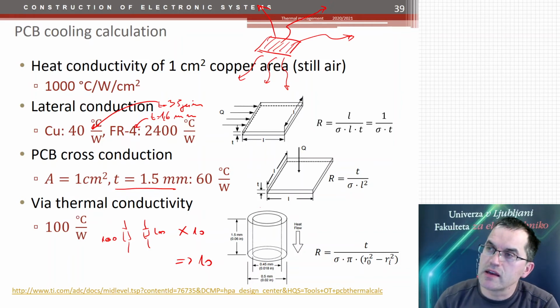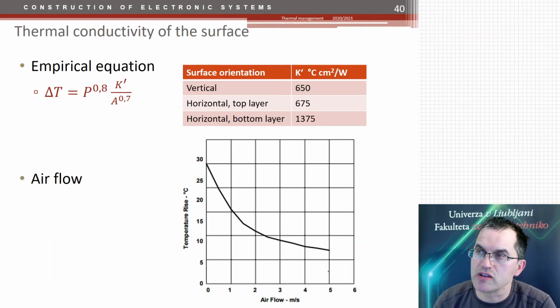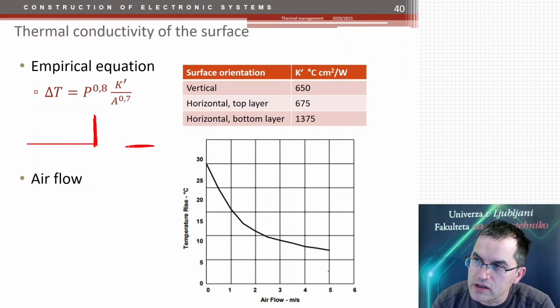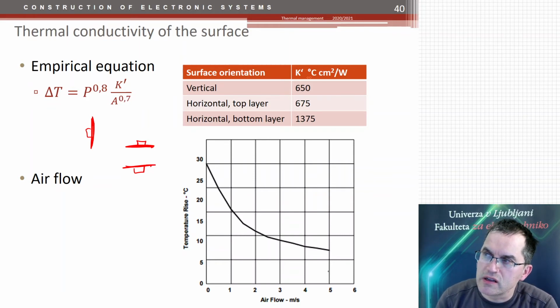The last thing is this heat conductivity to our surrounding. It depends on the orientation. So if your PCB is oriented vertically or horizontally, and whether your components are on top or on bottom, that makes a big difference. If your PCB is vertical, then this heat conductivity is lower.